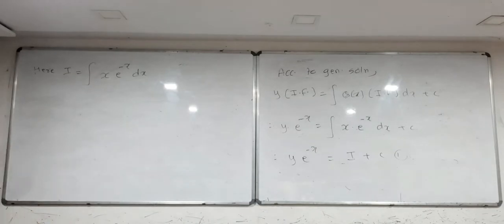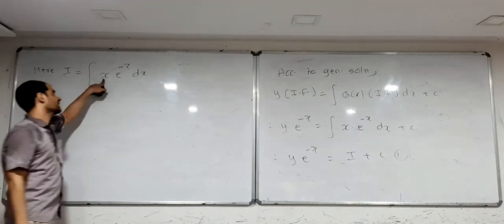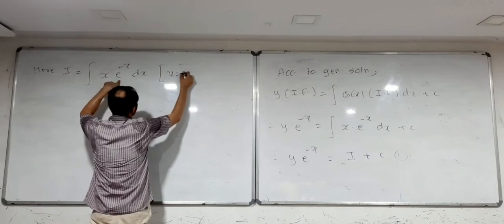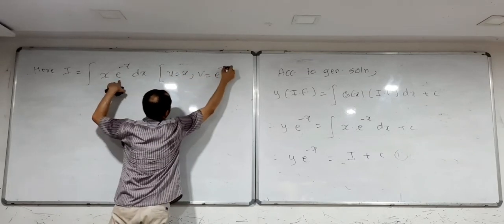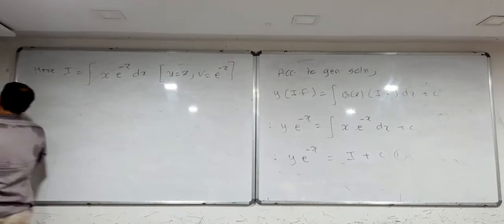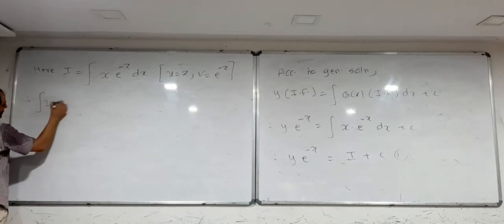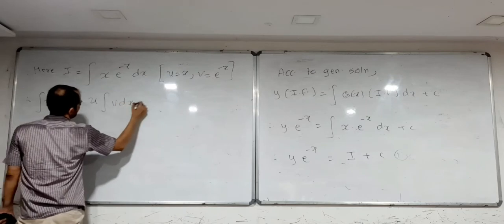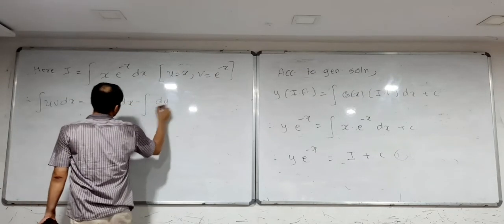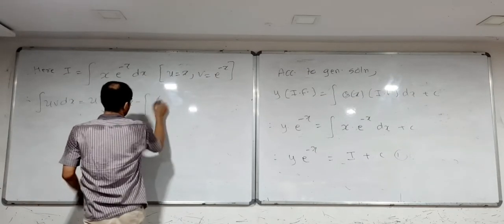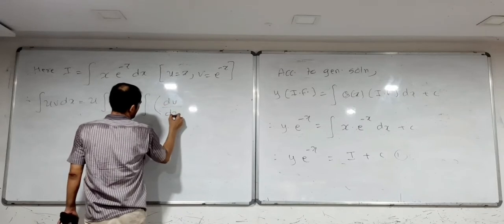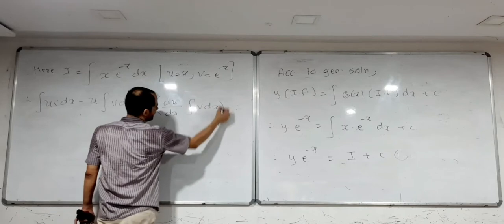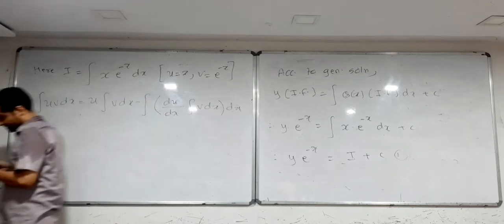By ILATE: inverse, log, algebra, trigonometry, exponential. Since e raised to minus x is exponential, u is x and v is e raised to minus x. So the integration of uv dx is u into the integration of v dx minus the integration of du/dx into the integration of v dx, the whole dx.